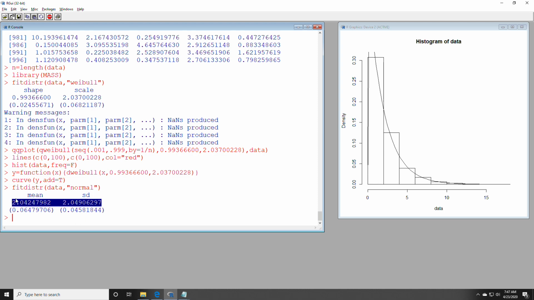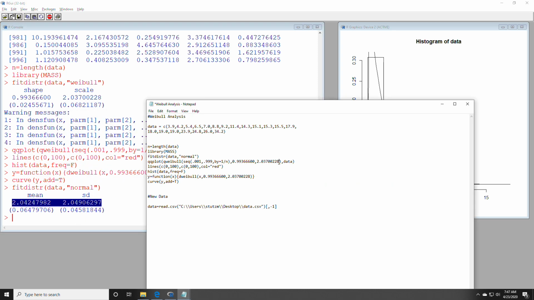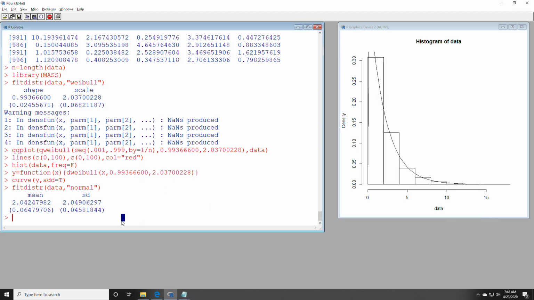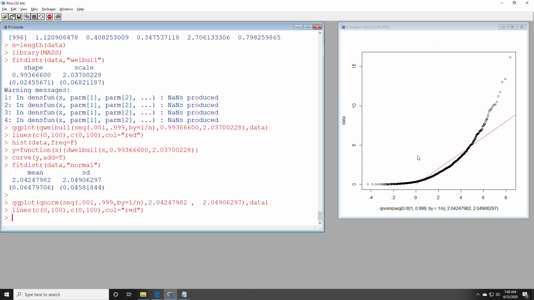Get our maximum likelihood estimates, stick them in here. Make sure to put our comma if you do it like I just did. And also make sure to change the distribution to normal, which is just norm. Okay, so hopefully we can tell that this is absolutely horrible, right?